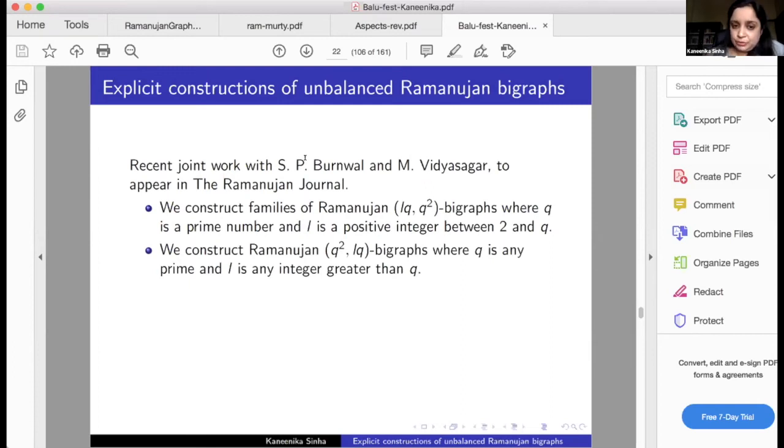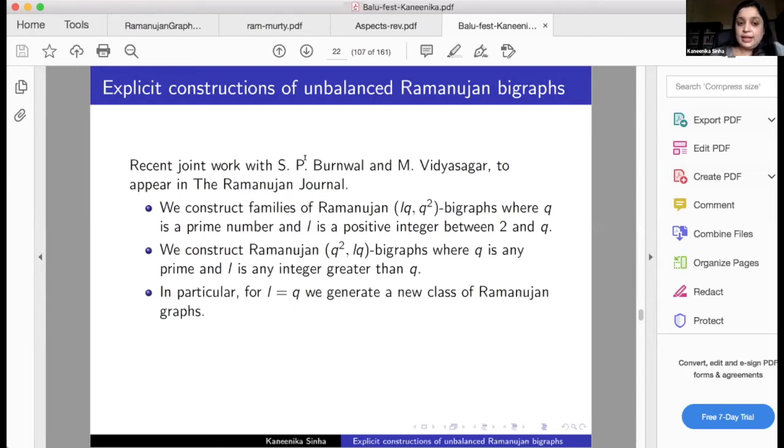On a related note, we also have Q squared comma LQ bigraphs, where again Q is a prime and L is any integer greater than Q. In particular, if we take L equal to Q, we are able to generate a new class of Ramanujan graphs, which does not match any of the known examples of Ramanujan graphs.